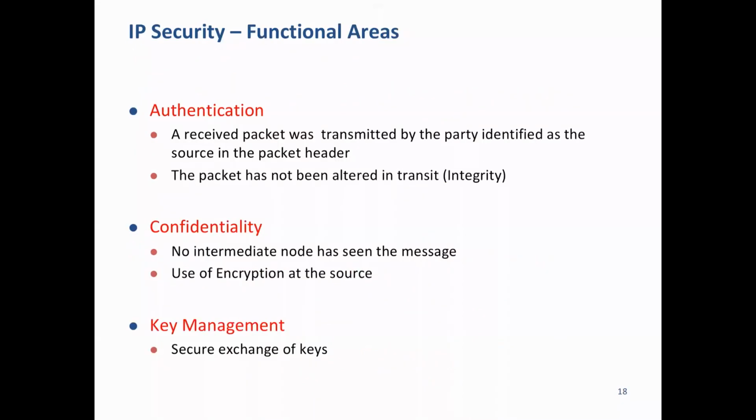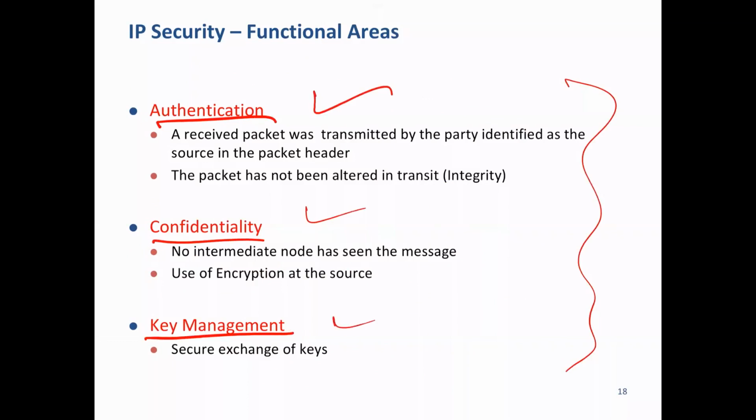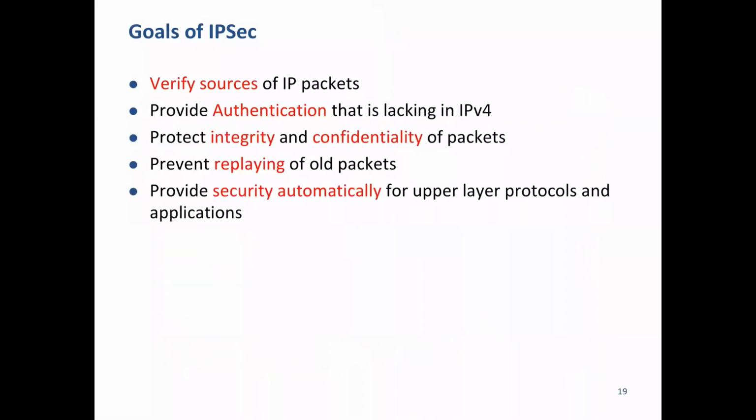Okay, so we can achieve authentication and confidentiality, and so these are the main functional areas of IPsec: authentication, confidentiality, and key management. Secure exchange of keys, mainly by Diffie-Hellman. In addition to that, it should verify the sources of IP, basically source address verification, such that nobody else poses as Alice and sends packets.